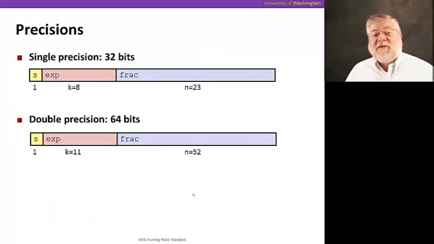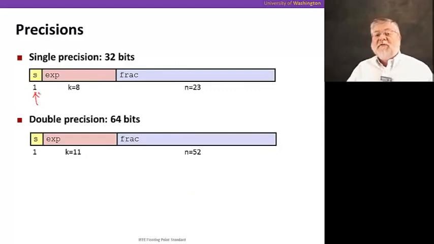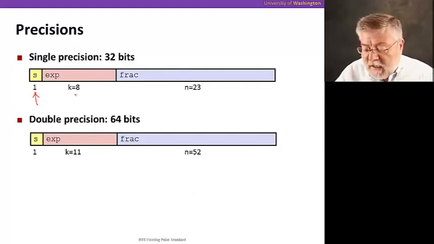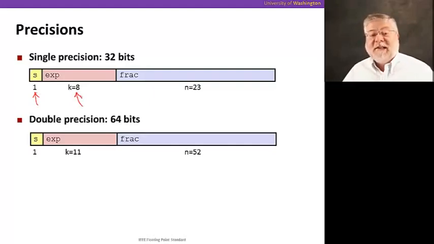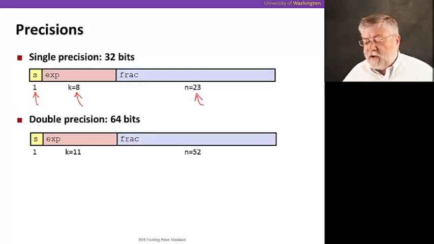Now, how many bits do we assign to each of these fields? We said that we're going to have one bit for the sign. For a floating point number represented in 32 bits, the IEEE standard says we're going to use 8 bits for the exponent. That's going to limit how large and how small our numbers can get. And then we're going to use the remaining 23 bits for representing the mantissa, or the fractional part, and that will determine our precision.